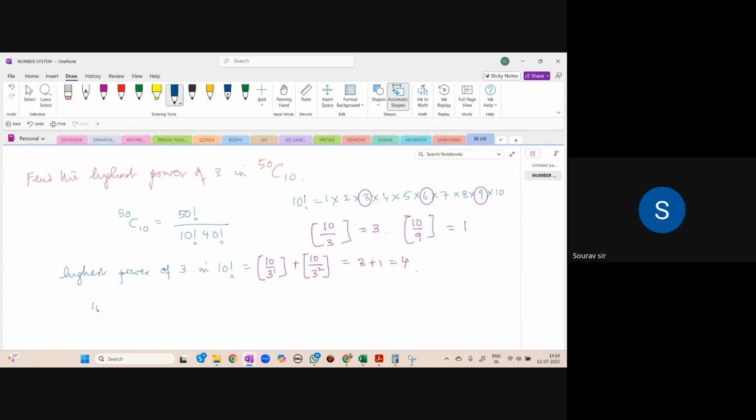Similarly, highest power of 3 in factorial 40. Calculate.